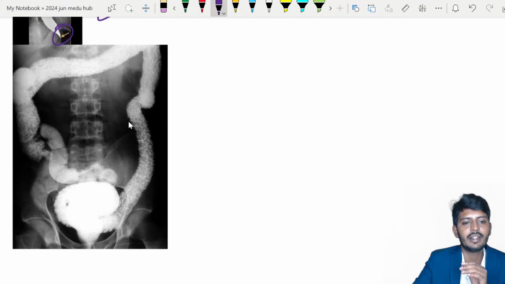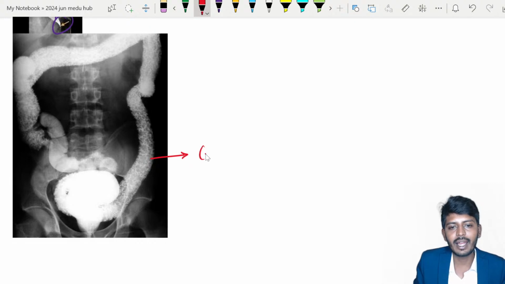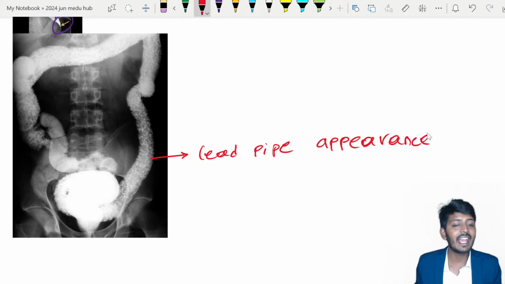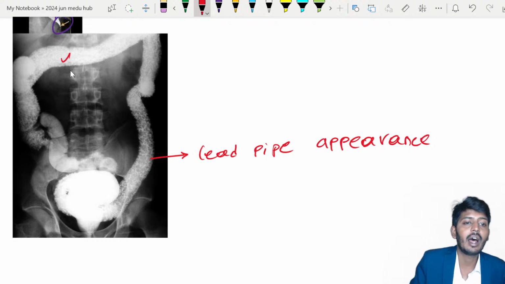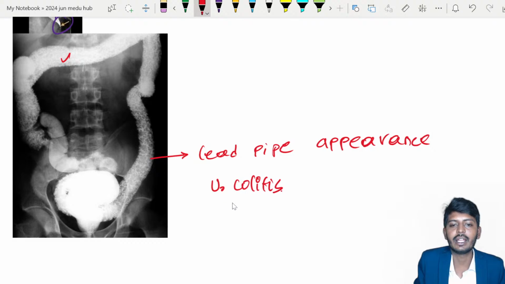Now here, my dear students, this is a very, very important image to understand. Please look here. This appearance we call the lead pipe appearance. Lead pipe appearance is exclusively visible in the large intestine, and it is suggestive of ulcerative colitis.